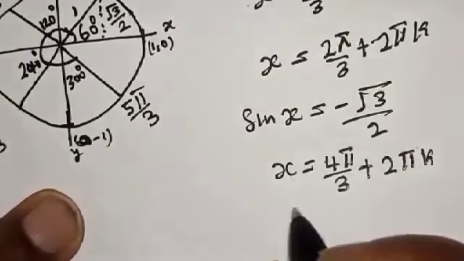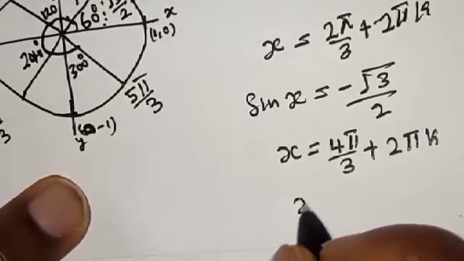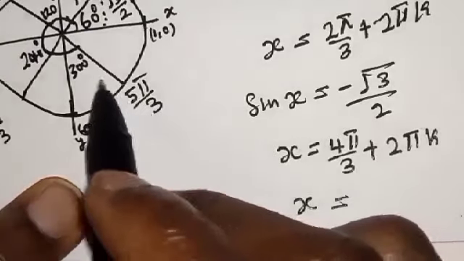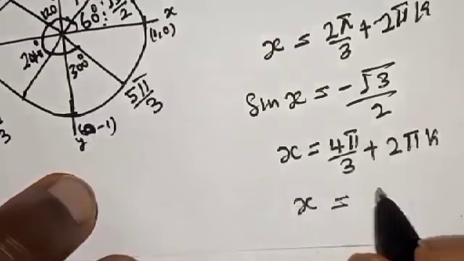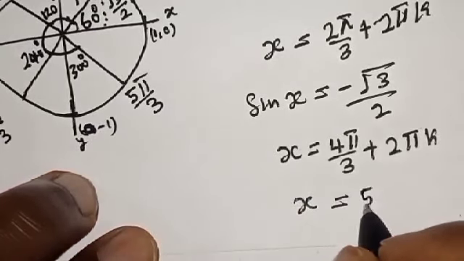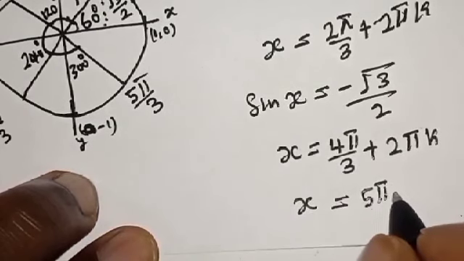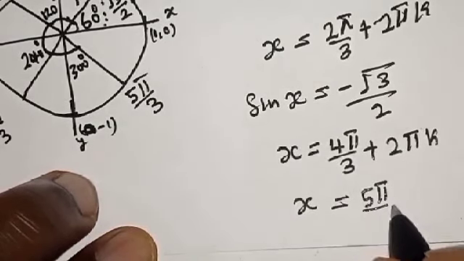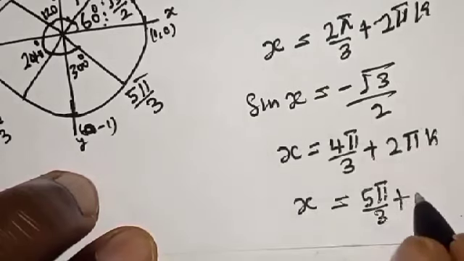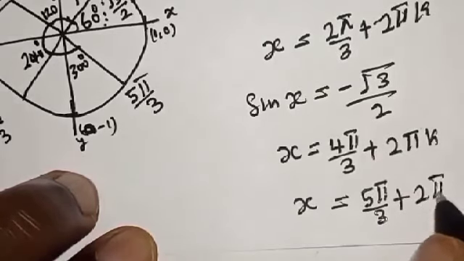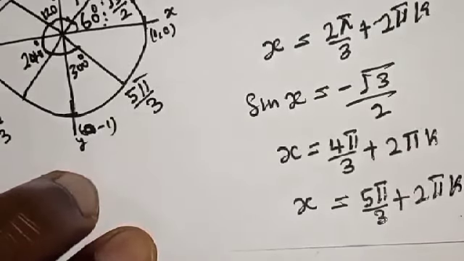Then, and x is equal to, here is 5 pi over 3. 5 pi over 3 plus 2 pi constant.